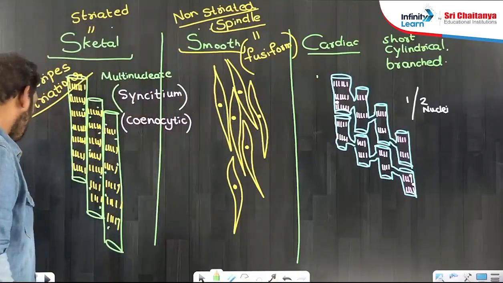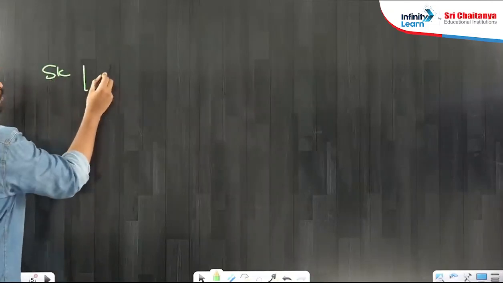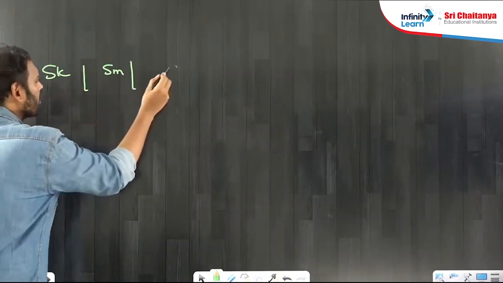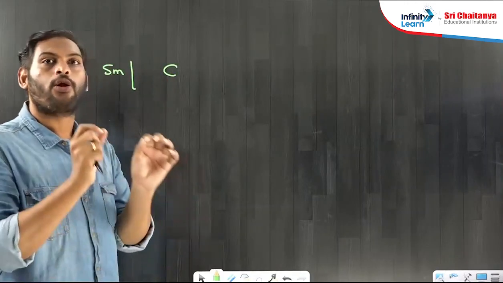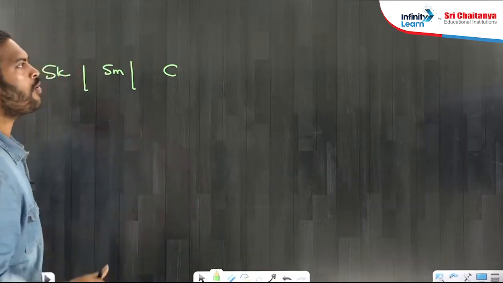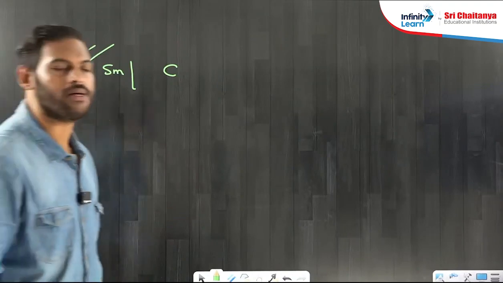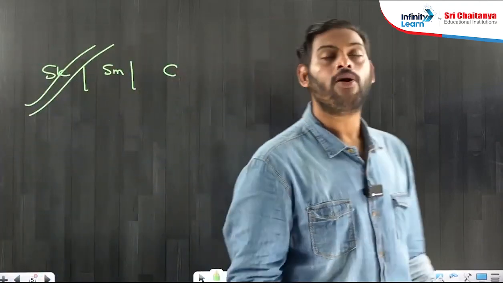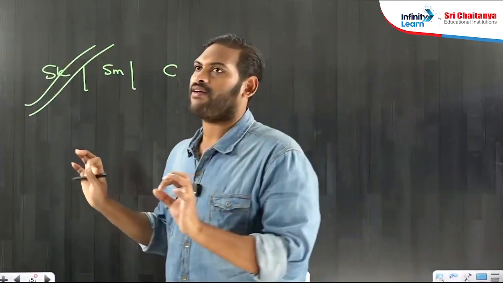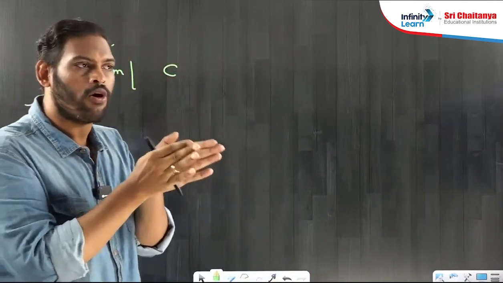Done. Now, among skeletal, smooth and cardiac, the main tissue responsible for locomotion was one and only skeletal muscle. Guys, every tissue can help you with movement, but I'm speaking about locomotion only.